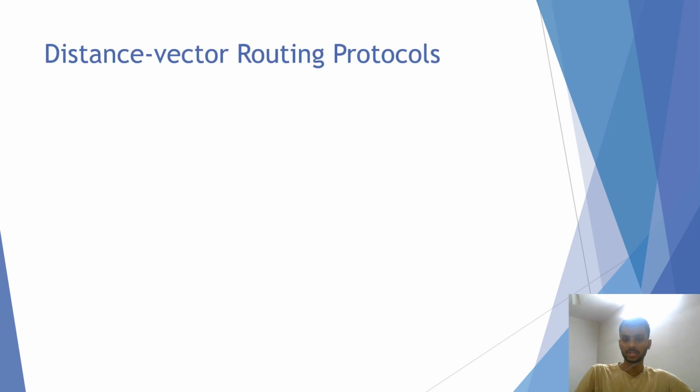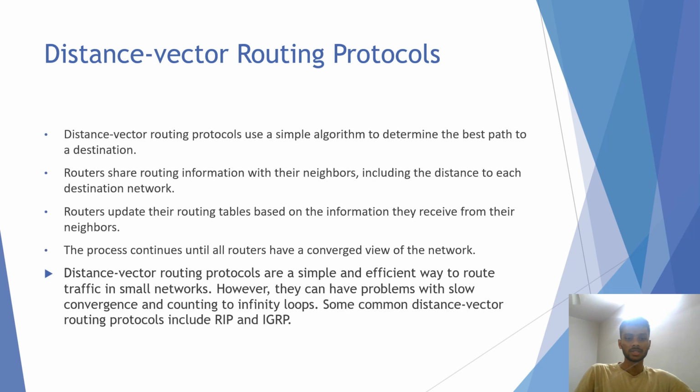Coming on to the next topic, distance vector routing protocols. Distance vector routing protocols use a simple algorithm to determine the best path to a destination. Routers share routing information with their neighbors, including the distance to each destination network. Routers update their routing tables based on the information they receive from the neighbors.